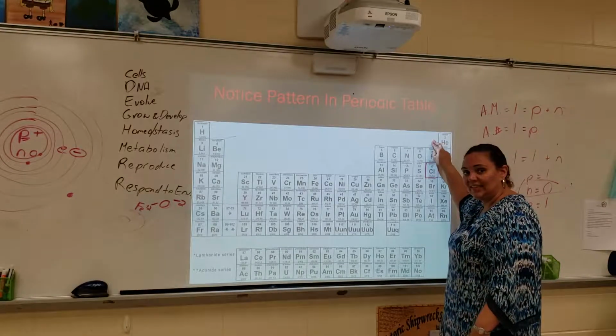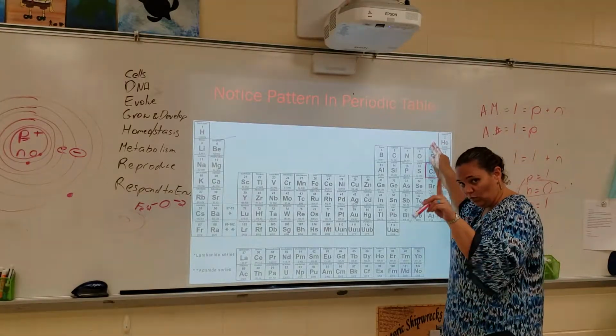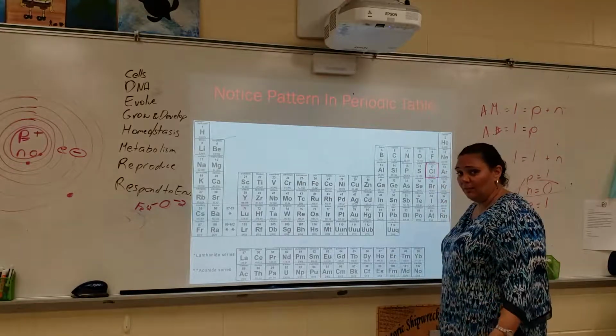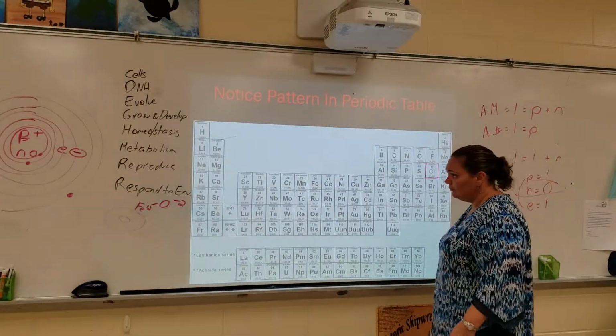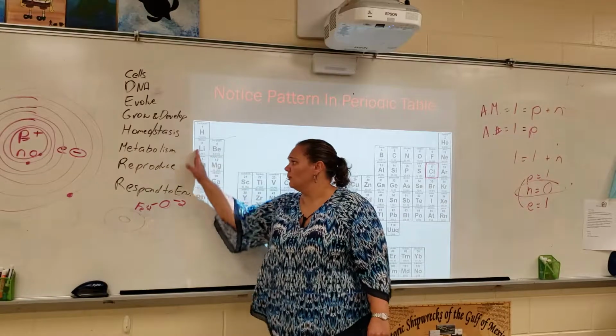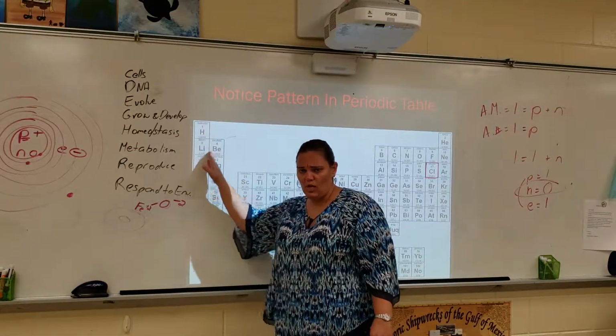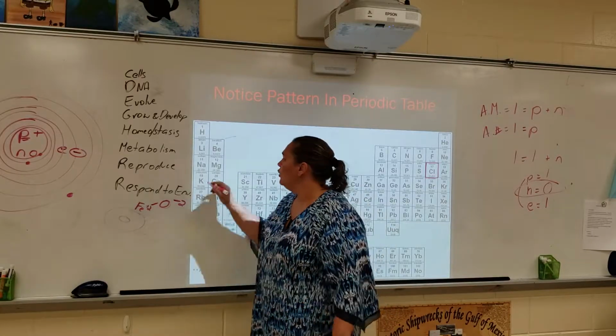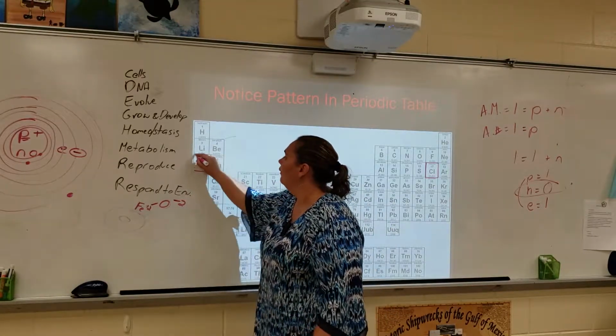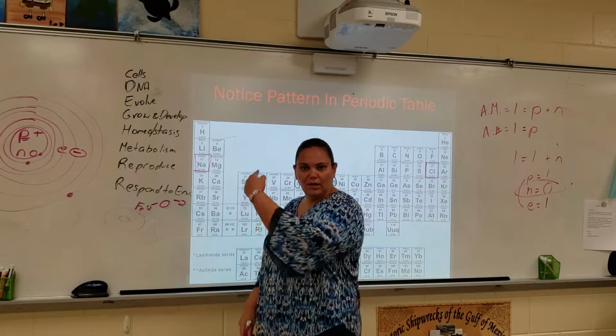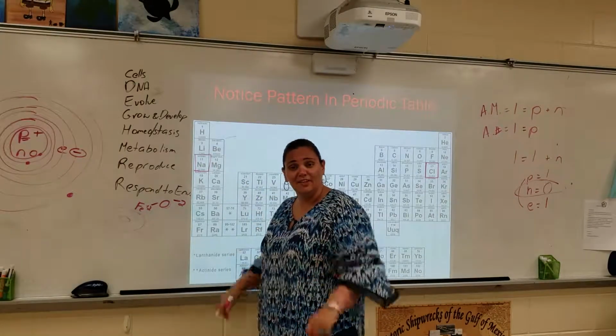How many more does he need to get to 8? He needs 1 more. So who's he going to bond with to get 1 more? He's going to bond with somebody in group 1. Oh, who do we see in group 1? Sodium. When you mix sodium and chlorine together, you get salt, right?